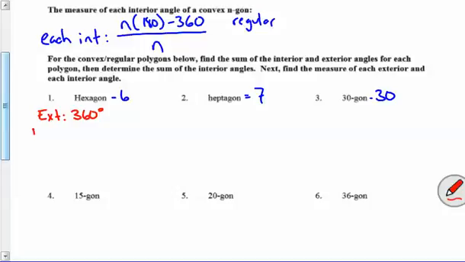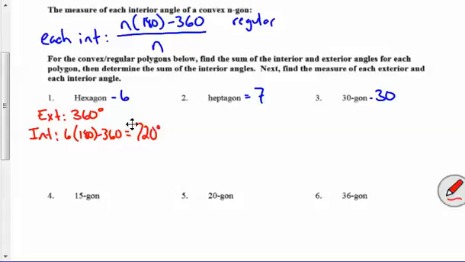The sum of the interior would be 6 times 180 minus 360, which would equal 720 degrees.